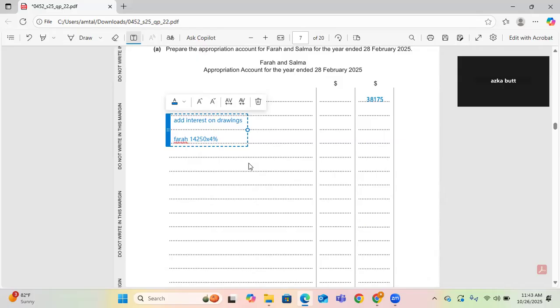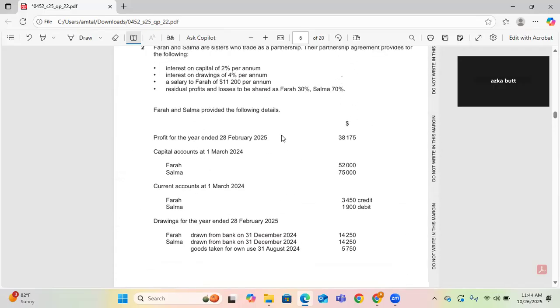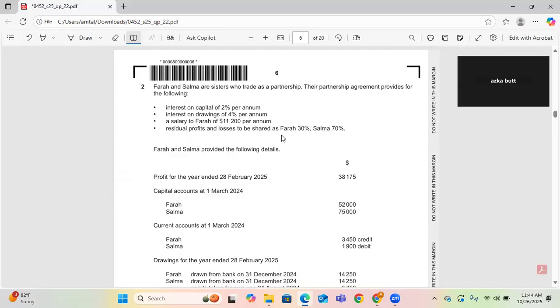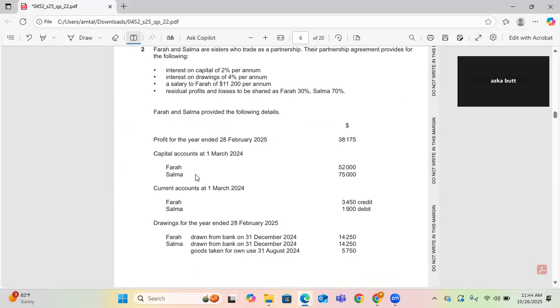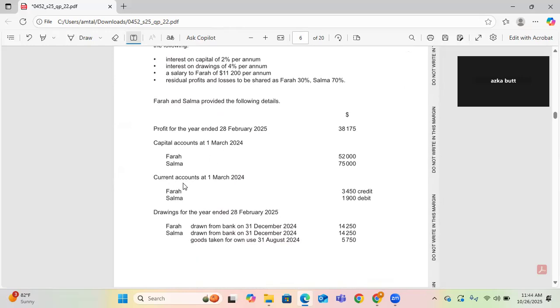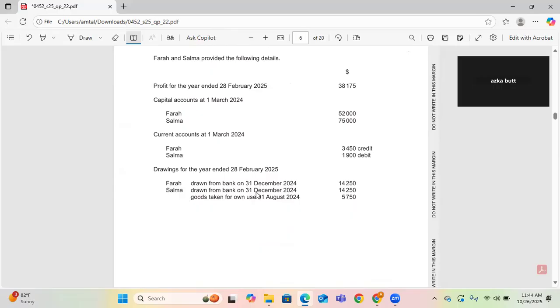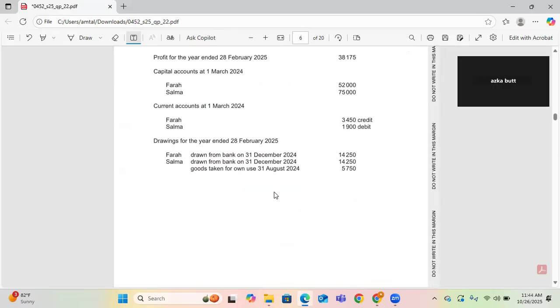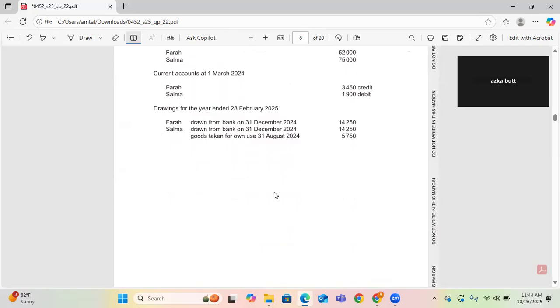This is equal to, one second, there is something wrong. Interest on drawing, profit for the year, capital account, current account, and then drawn account. So this is equal to 14,250.